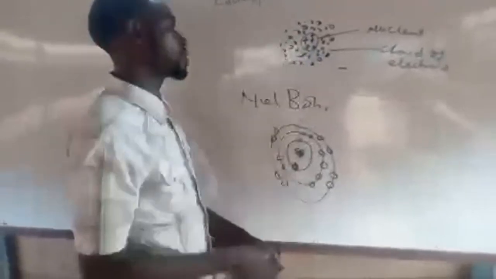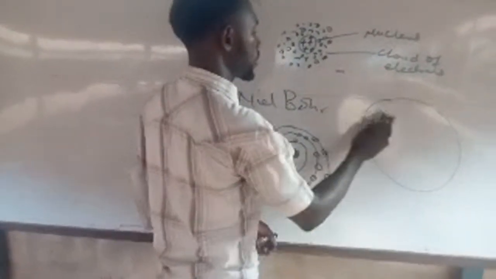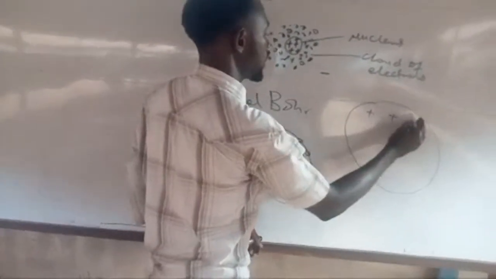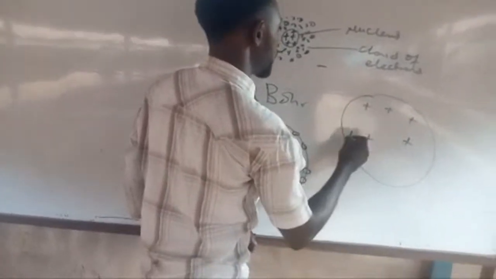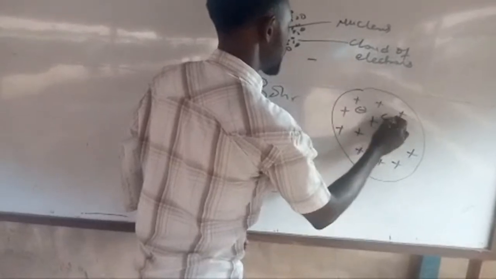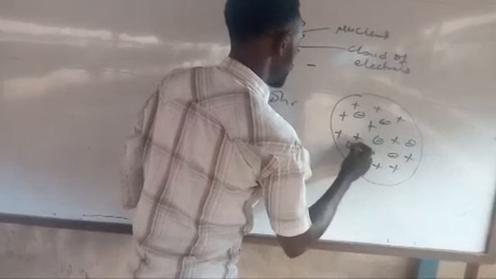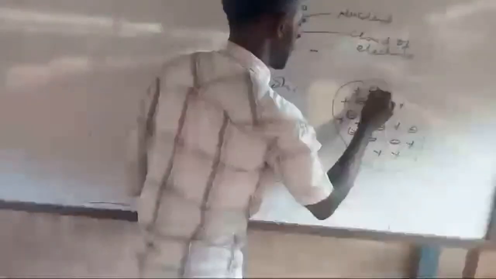Then another person's model was J.J. Thomson's. That was the oldest one among these three on the board. According to J.J. Thomson, the atom is a positively charged body with negative charges embedded in it. This was John Joseph Thomson's model.